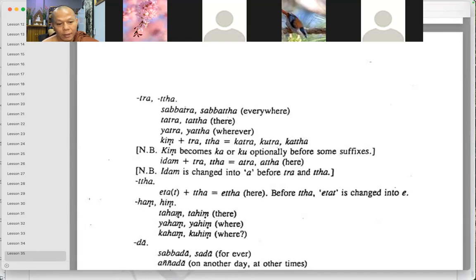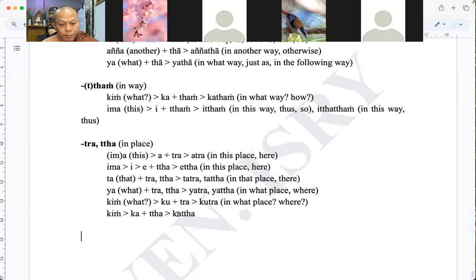But that hand, hey is just related to the ham and the hay, also in place. But these are only with the ya and ka, not the other pronouns.